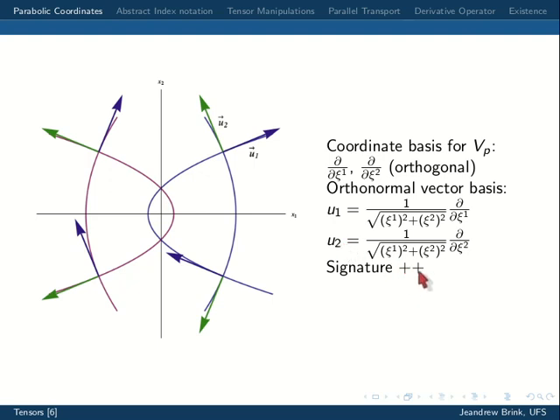Remember I said the signature doesn't change depending on your chart. You could go straight back to the original metric in Cartesian coordinates, which was 1, 1, and you would get plus, plus.